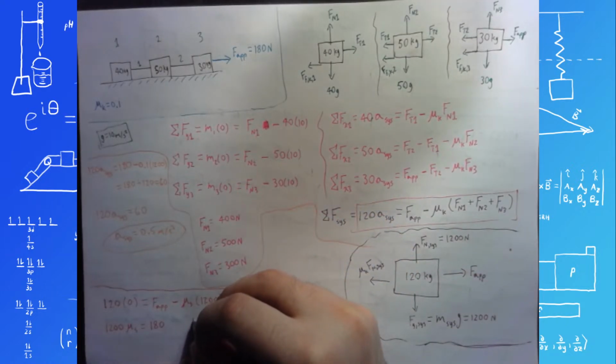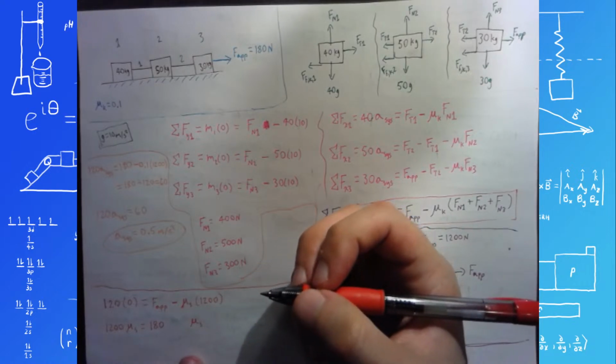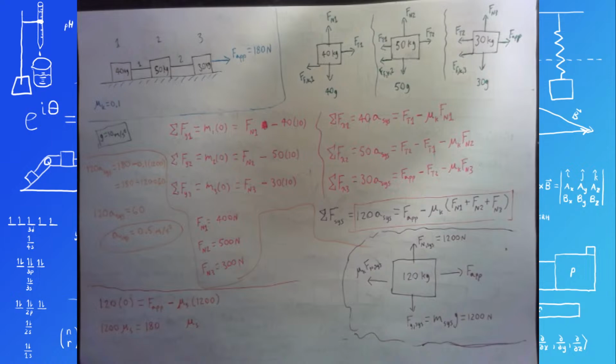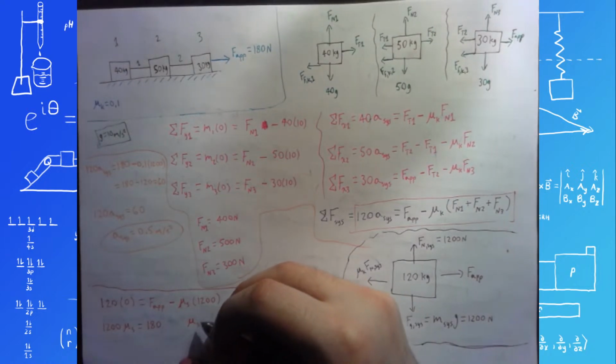So mu static, oh, actually, the way I should be phrasing this is, let me think, how do I want to word this? Well, okay, let's carry on with this calculation first. So 180 over 1200 is going to be 0.15.